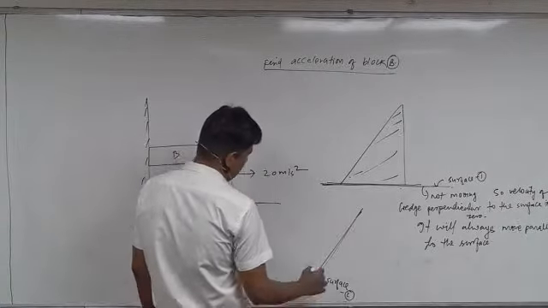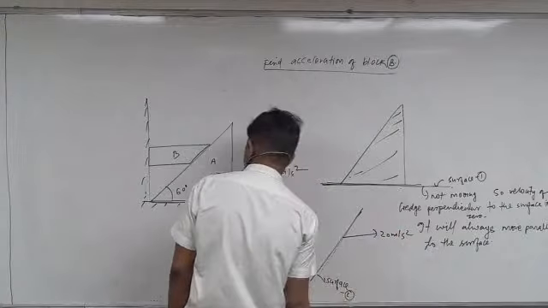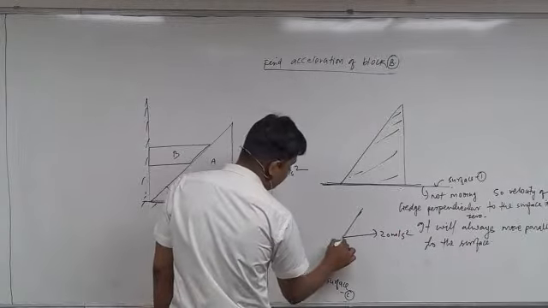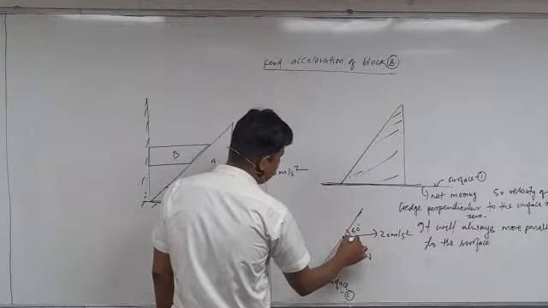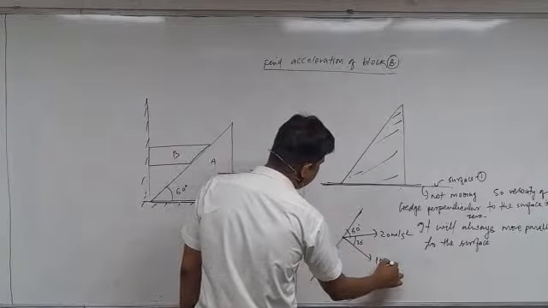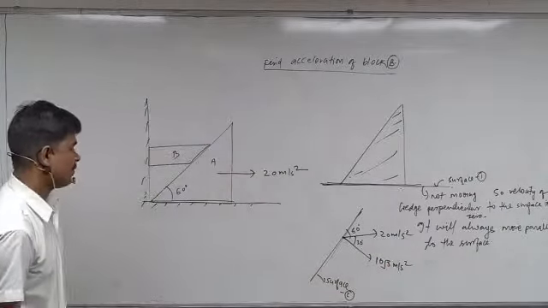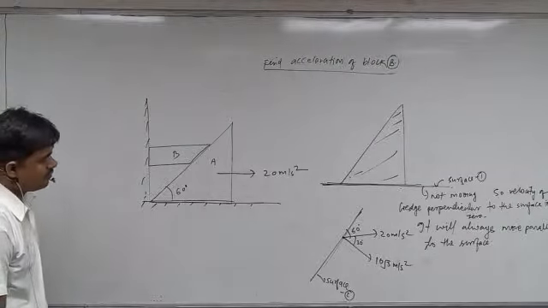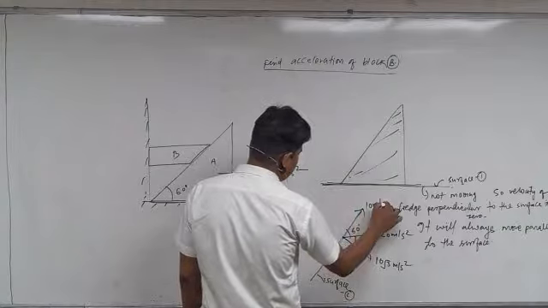Because it is moving in this direction with 20 meter per second square, perpendicular to this surface, this is 60 degree, this is 30. So in this direction you have an acceleration 10 root 3 meter per second square, and in this direction this is 10 meter per second square.